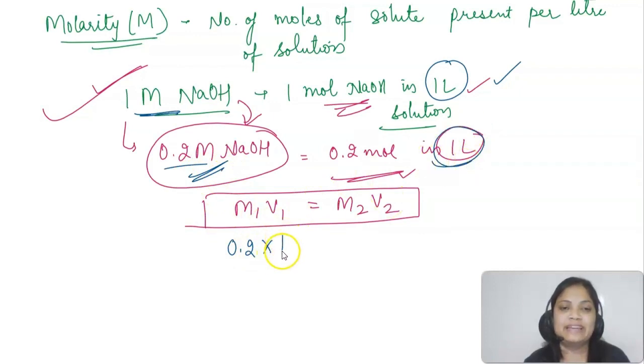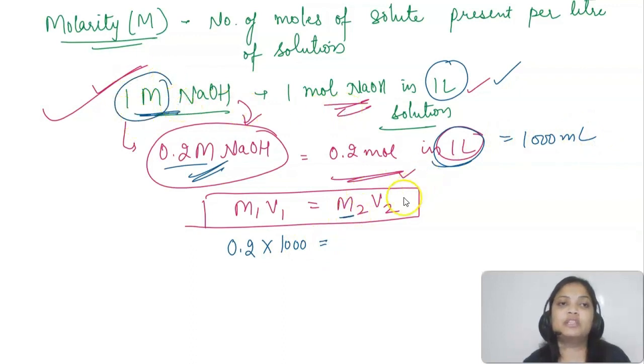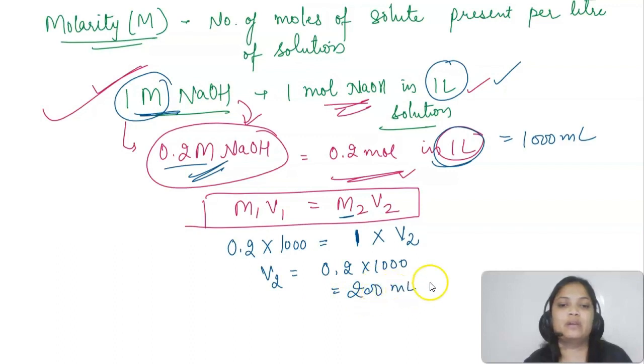So you can take 1000 ml. Then M1 is the molarity of the standard solution that we have taken, which is 1 molar. So 1 molar into the volume I require, that I will get from here. So V1 will be 0.2 into 1000, which will come out to be 200 ml.